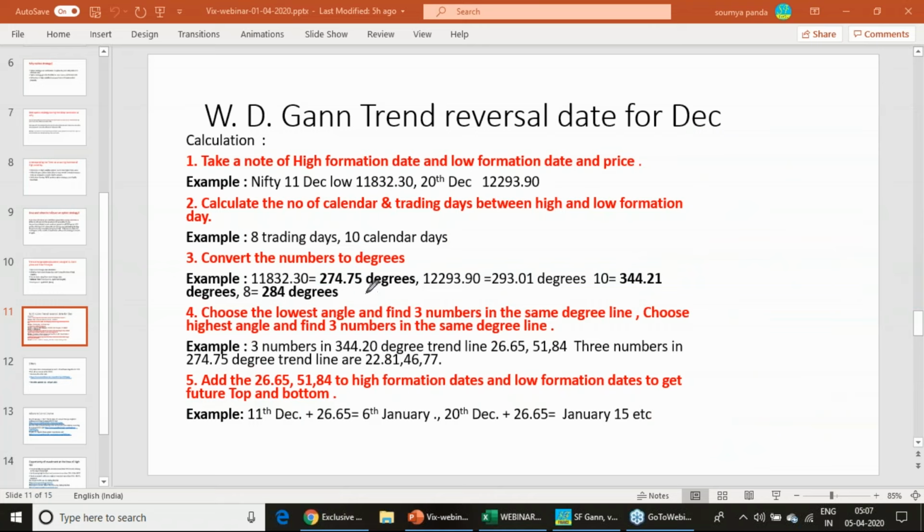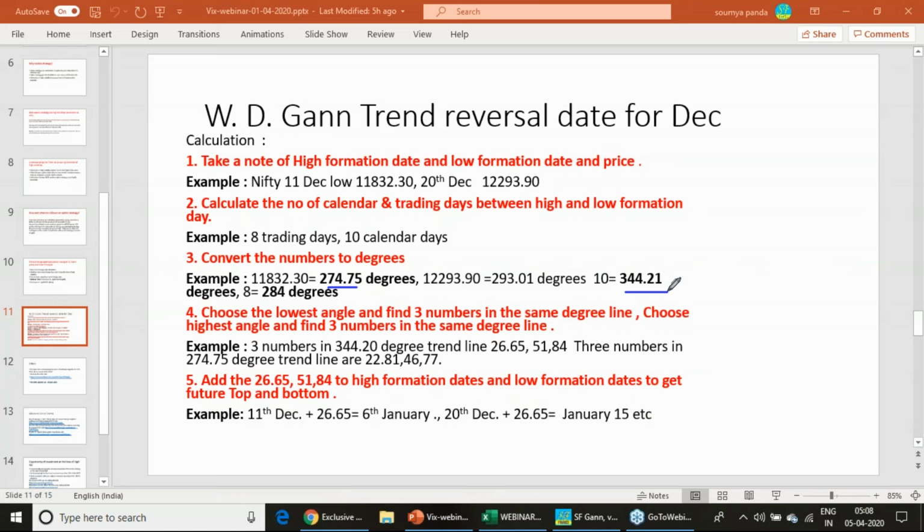Just to understand this 274 as the smallest angle, we have to imagine, or accept, that there is a trend line which makes 274.75 degrees in the price time chart, and there is another trend line which is a 344 degree trend line.